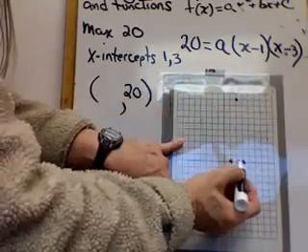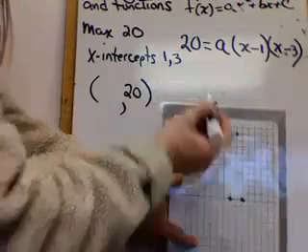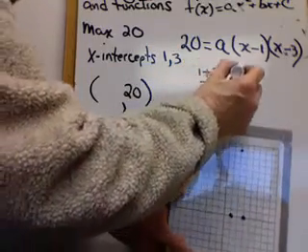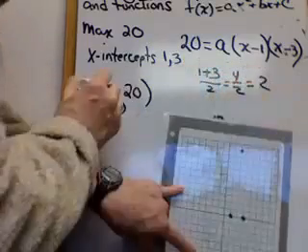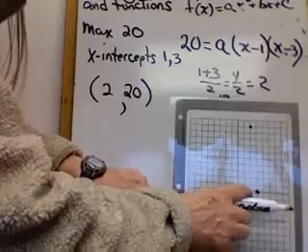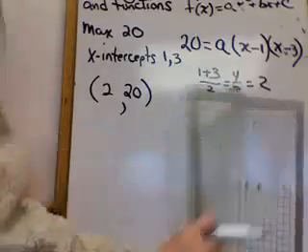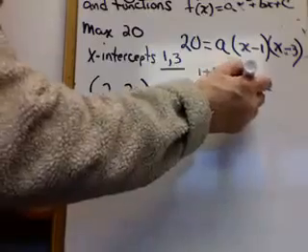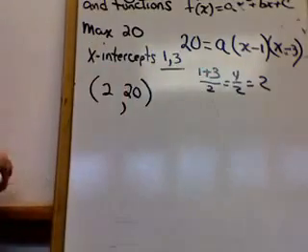I take these two numbers, add them, and divide by 2. 1 plus 3 divided by 2, 4 over 2. That's 2. Now I could find it just by counting. 1, 2. Over 2, up 20. The best way is to take the two intercepts, add them, divide by 2, and that gives you the other part of the ordered pair.